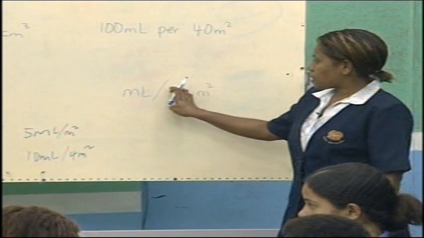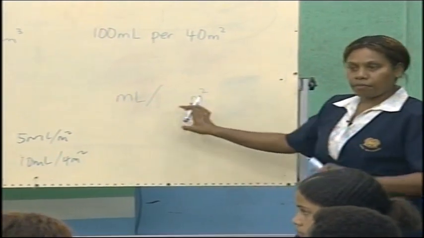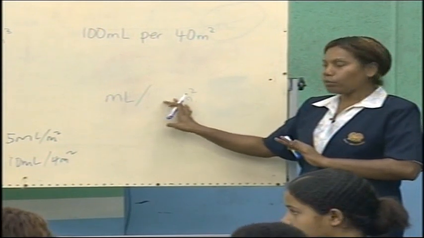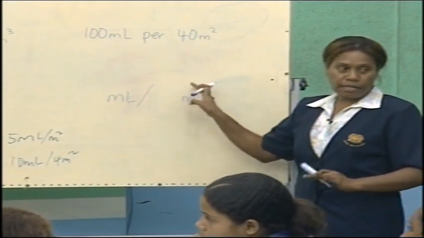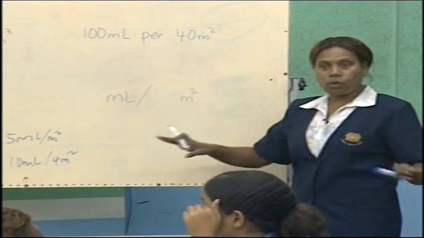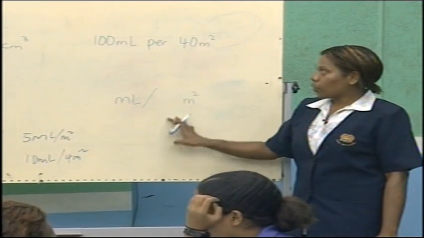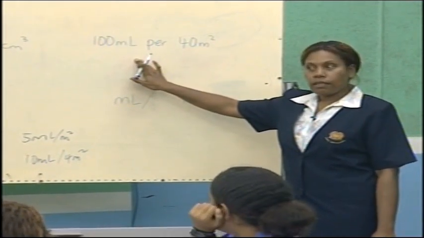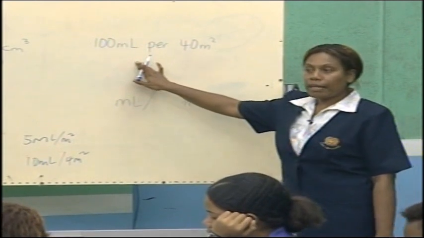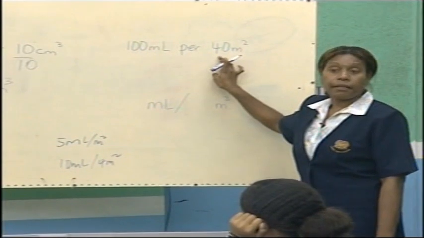All right. Remember, this per here means 1, every. We won't be able to bring it down again. It must be simplified to the lowest. So, what are we going to do here? What number are we going to divide both quantities by?